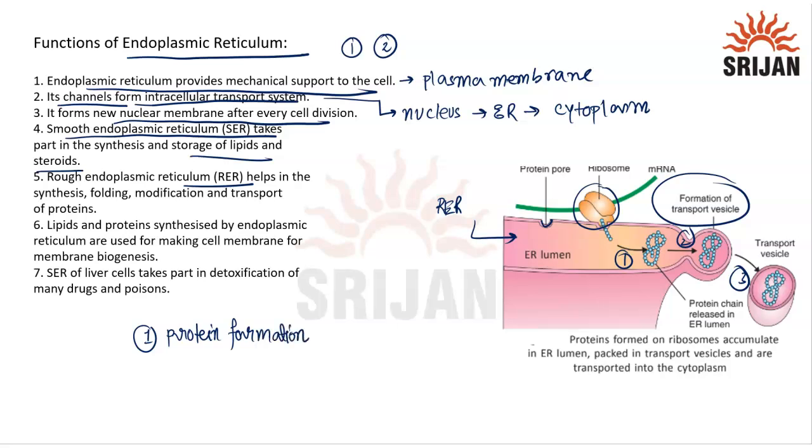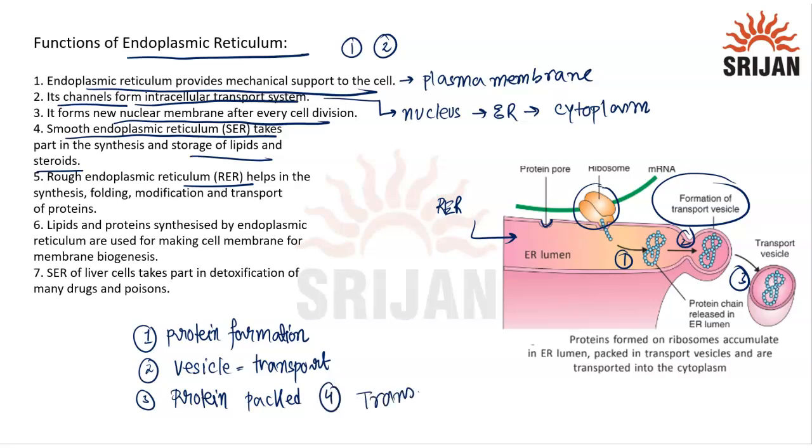Second thing, it will form a vesicle. The vesicle is called what? Transport vesicle. The protein is packed with a transport vesicle, and it is transported or released from the ER lumen.